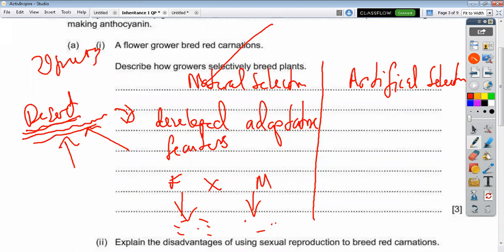Next point, over time, maybe over so many years, the adaptive features of a population will change due to natural selection.